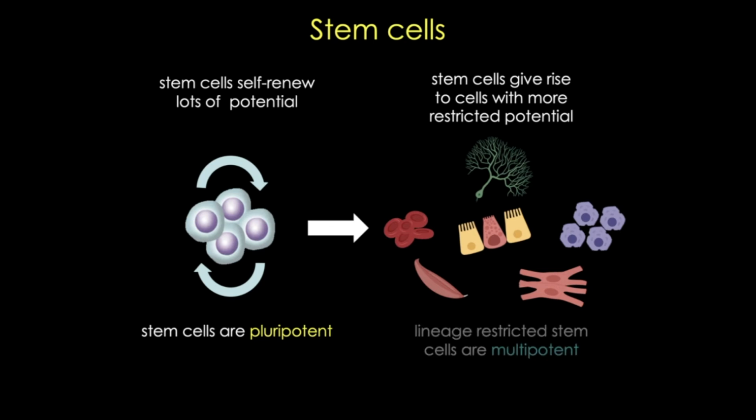Now the more restricted stem cells are lineage restricted. And this just means a hematopoietic stem cell can give rise to multiple types of blood cells, but it can't, for example, give rise to neuronal lineages. And in the embryo, once the embryoblast and the trophoblast form, these tissues, while they're still stem-like, are now more fate-restricted.